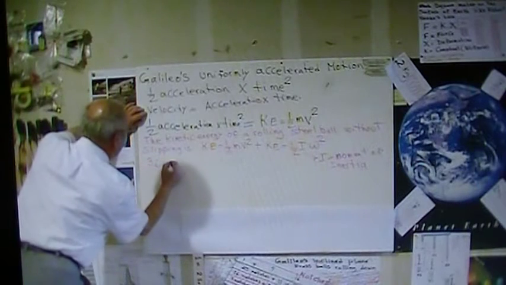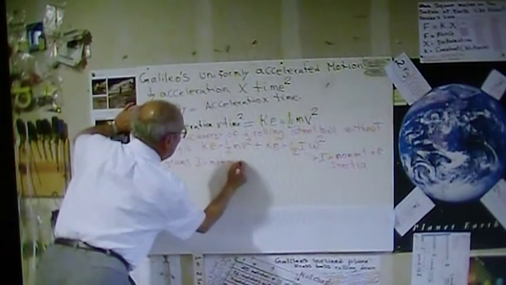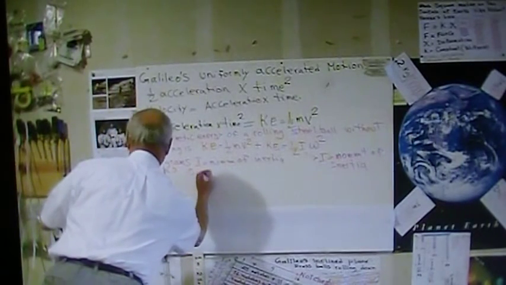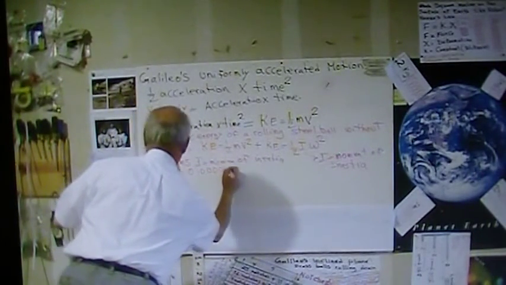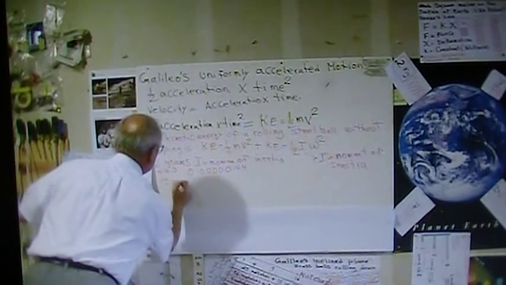The best example is when I calculated for 36 grams, the I, moment of inertia, was 72 grams.